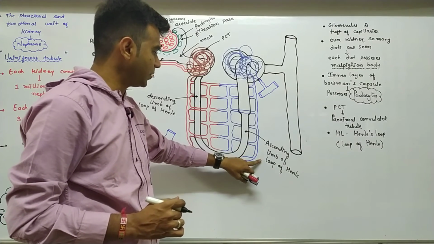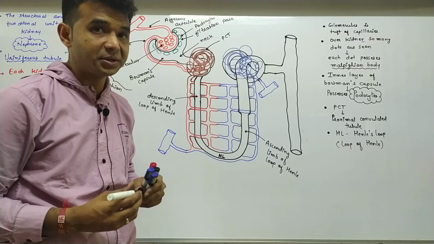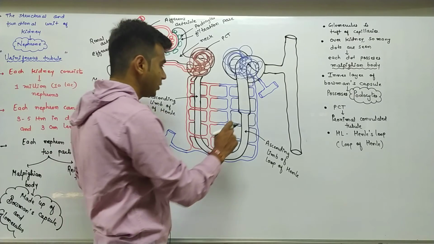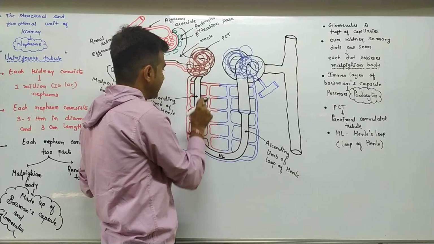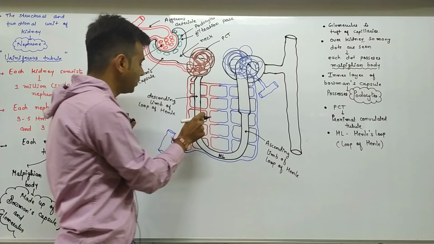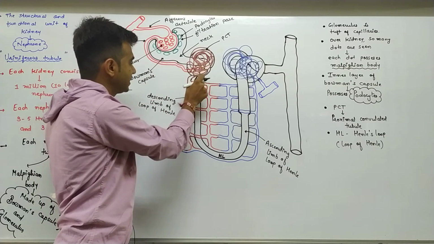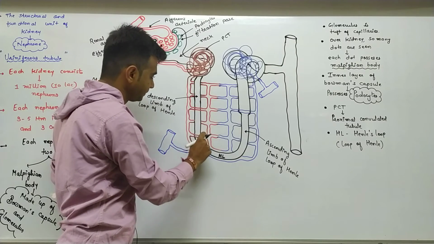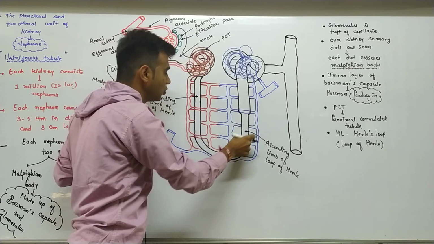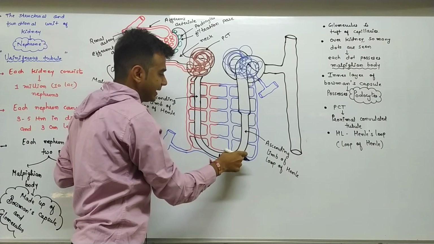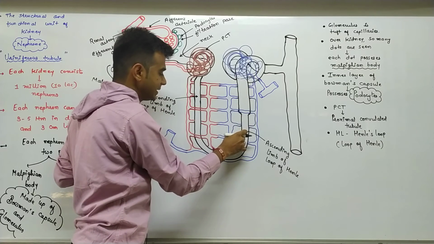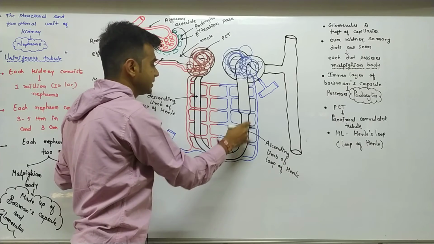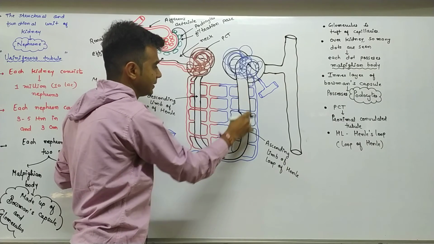Now, the ascending limb of loop of Henle possesses two regions, the narrow part and the broad part. See, in the descending limb of loop of Henle it is a continuous one. But when you move up, the ascending limb possesses two regions. This is known as the narrow end and this is known as the broad end.